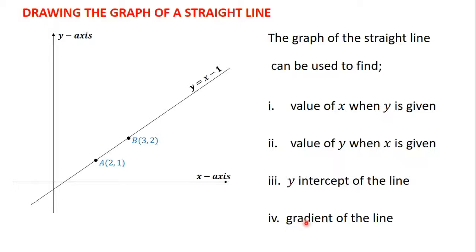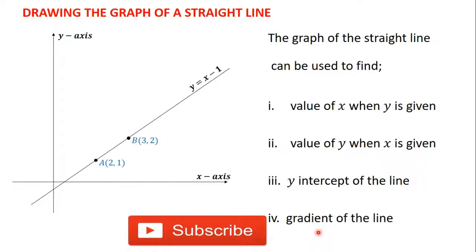And we can also use the graph to find the gradient of the line. So in the subsequent videos, we are going to solve questions on drawing the graph of a straight line on a graph sheet. Then we will learn how to use our graph to find the following. That is, to find the value of x when y is given, to find the value of y when x is given, to find the y-intercept of the line, and to find the gradient of the line.